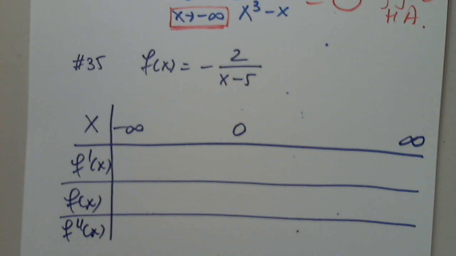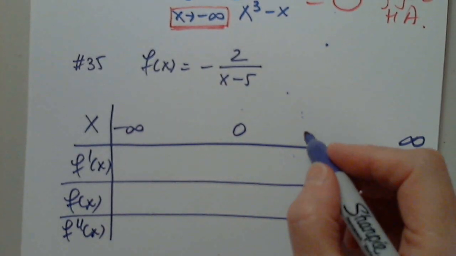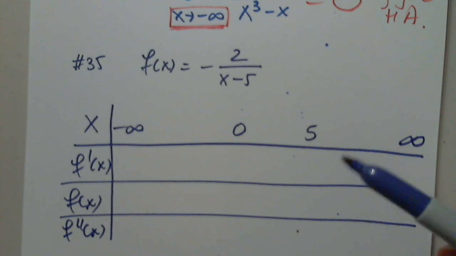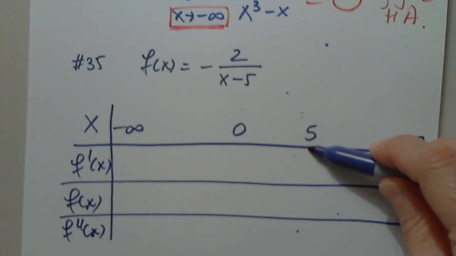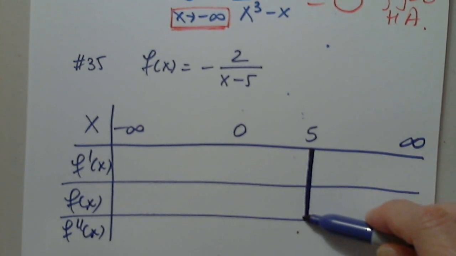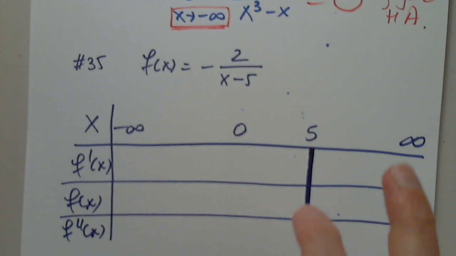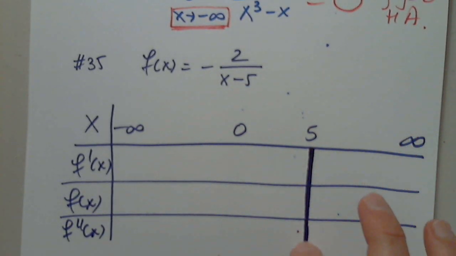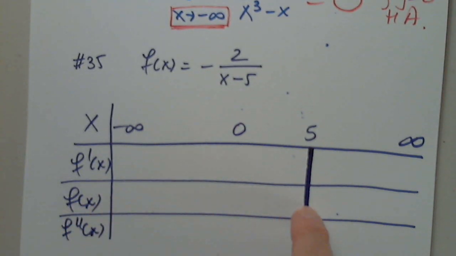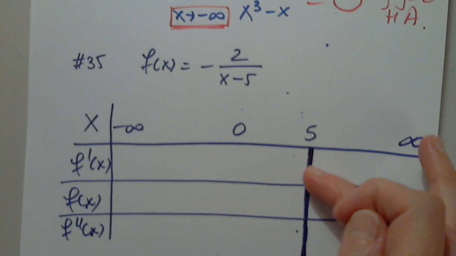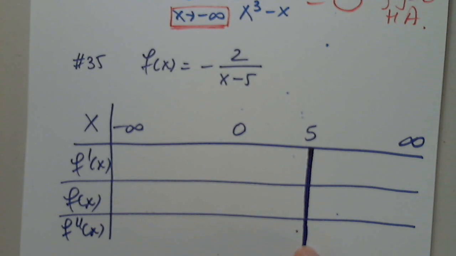Can anyone tell us what x cannot? Yes, x cannot be 5. Careful what I do with that. Means that I cannot put anything in here. If the function is undefined, of course the first derivative will be undefined. Of course the second derivative will be undefined.